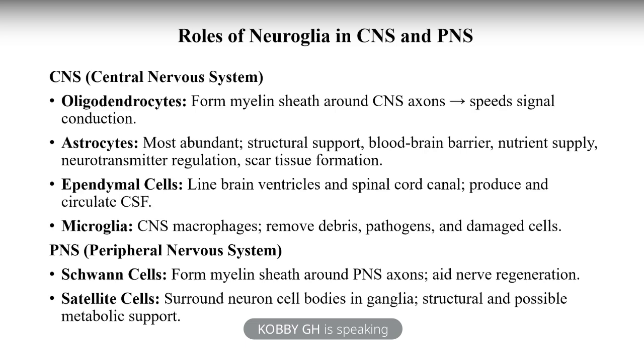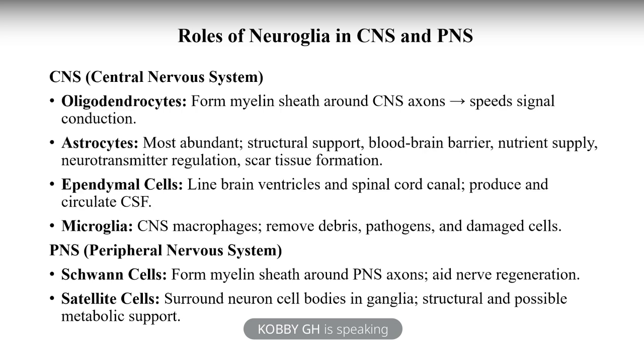You remember I told you that oligodendrocytes form myelin sheaths around the axons of neurons in the central nervous system.